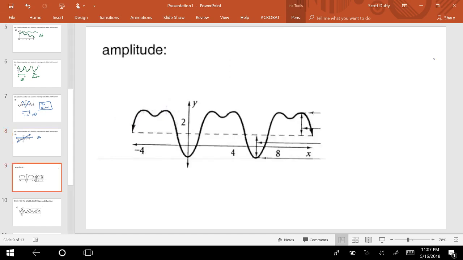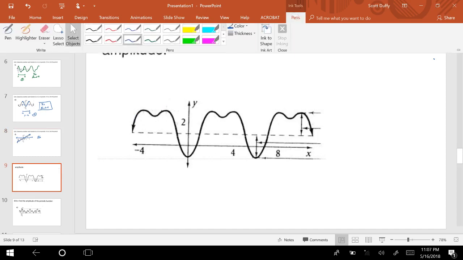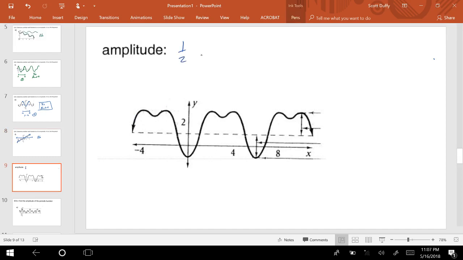Amplitude is equal to 1/2 the difference between the maximum y and minimum y value.